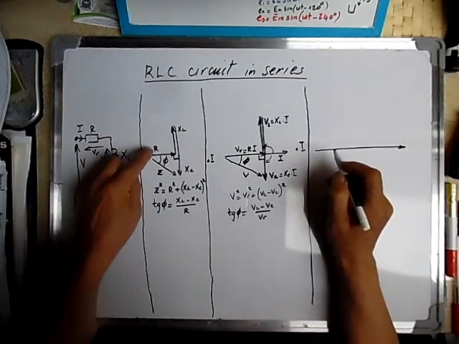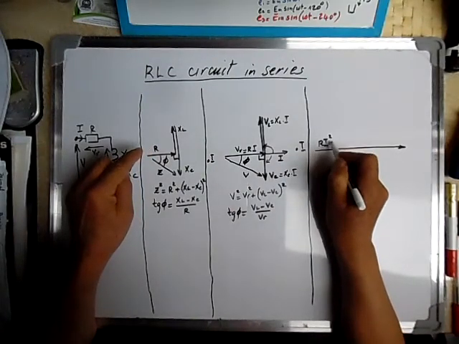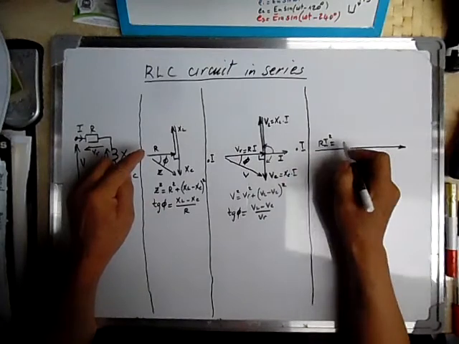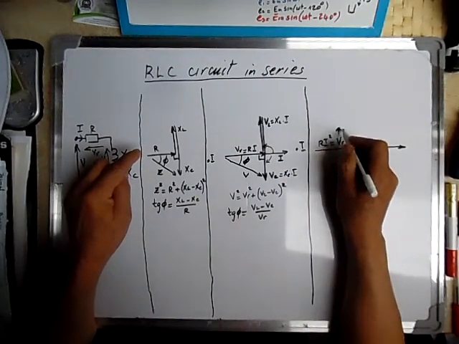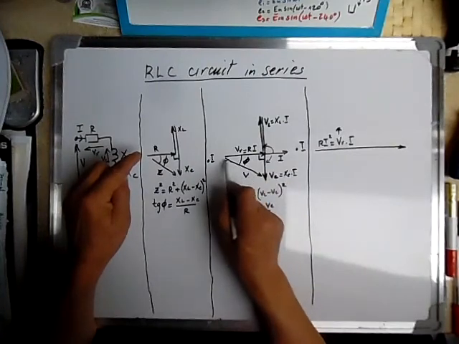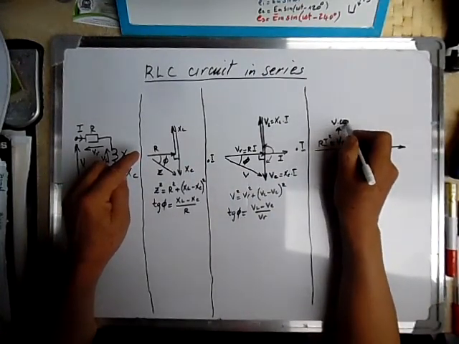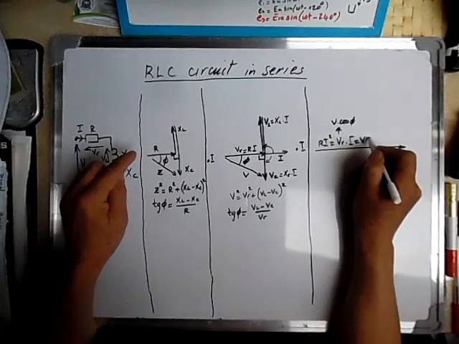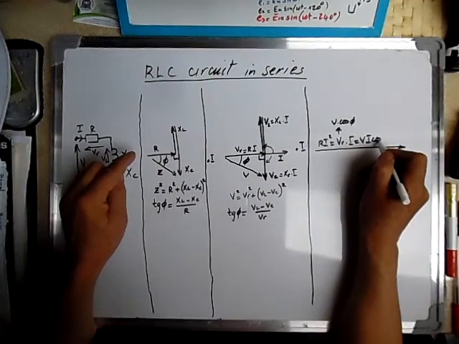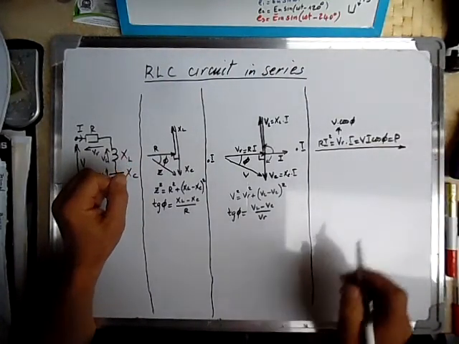I can say that R times I squared here, it's also VR times I, and VR, remember VR, which is here, it's V times cosine phi, and we can write the formula that we know for active power, and this is that.